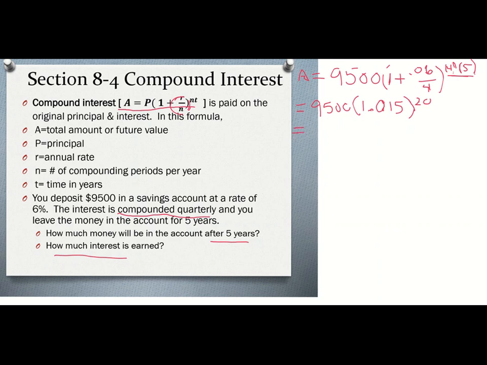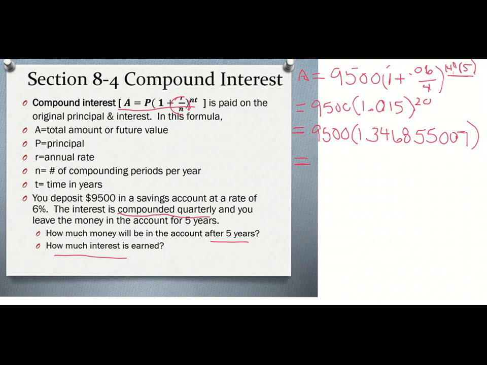So when I raised my 1.015 to the 20th power, I still have my 9,500. This time it's going to be times 1.3468855007. And again, I'm not going to get rid of anything off that calculator. And then I'll do my times 9,500 for my last one.